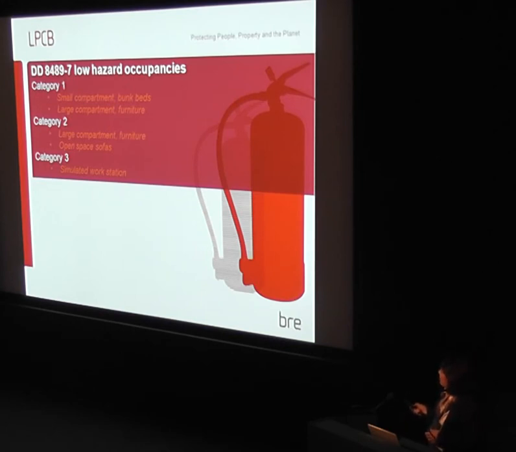Category 2 again picks up the FM IMO type tests, and that can be used for larger spacings, but only to the fire loads that have been used within the test, so they're relatively low fire loads with less obstruction. And then the category 3 test, the BRE developed simulated workstation test, is intended for use sort of as the catch-all. So if you're unsure about the application, consider it as a category 3.